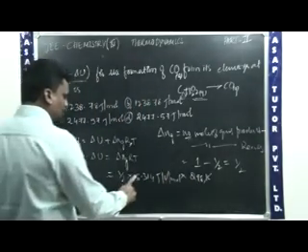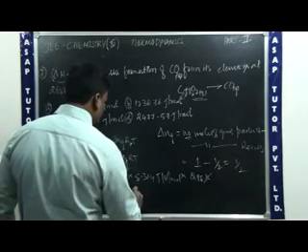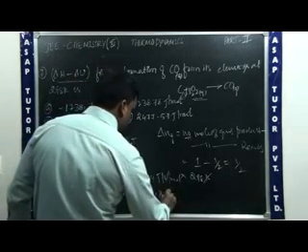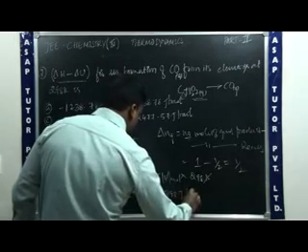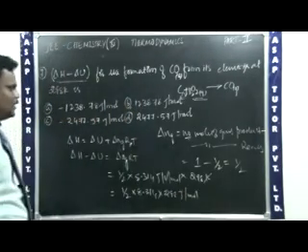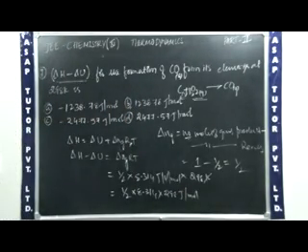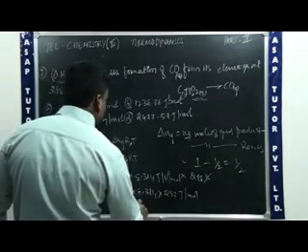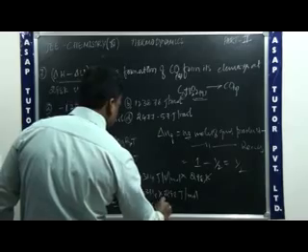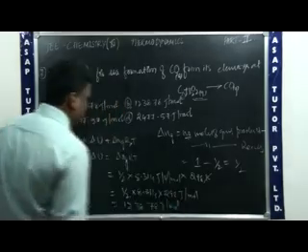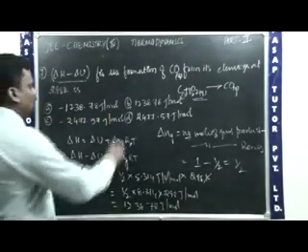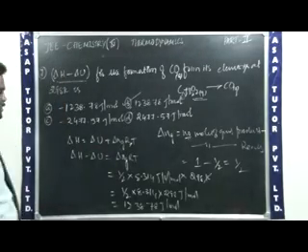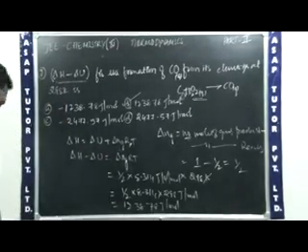Just multiply: 1 by 2 into 8.314 into 298 joules per mole, and we get 1238.78 joules per mole. Therefore the right answer is B, 1238.78 joules per mole, that is delta H minus delta U.